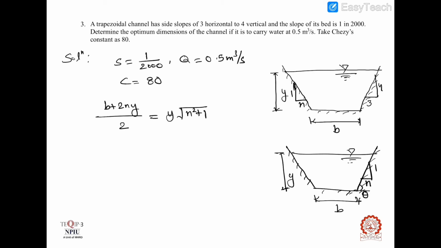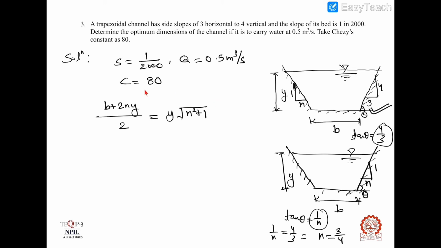So in this case tan theta is 1 by n, and here tan theta is 4 by 3. So 1 by n is equal to 4 by 3, so n is equal to 3 by 4. So substitute n is equal to 3 by 4 in this expression.